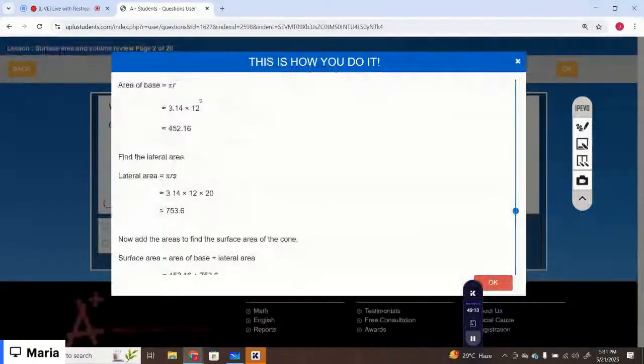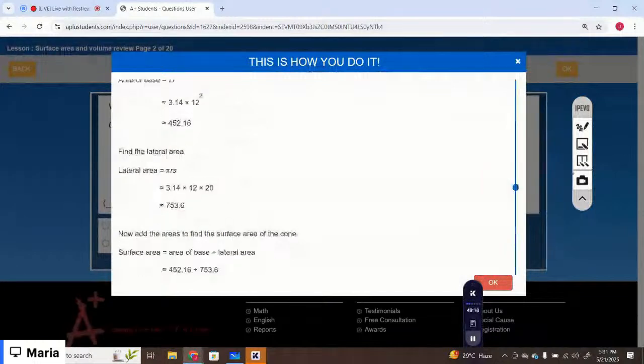So you need to add the area of the base and the lateral area, that is the surface area of the cone.